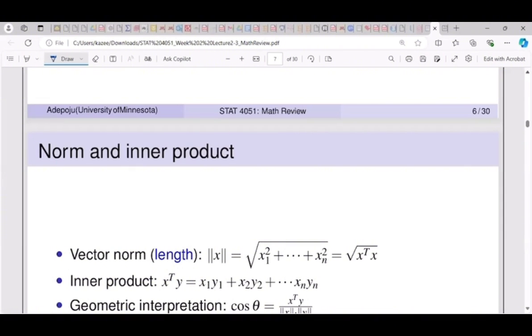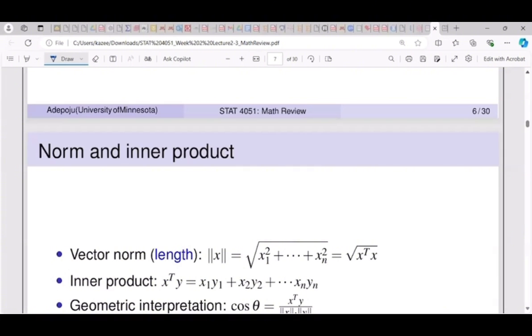And let me also tell you this. The inner product that you see will enable us to have a definition for a very important feature that simplifies what we do in statistical analysis, which I'm going to call orthogonality.